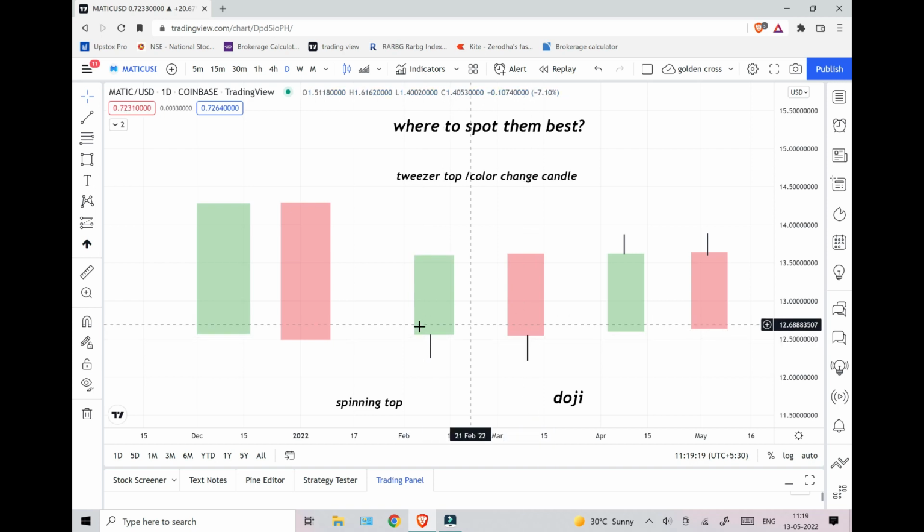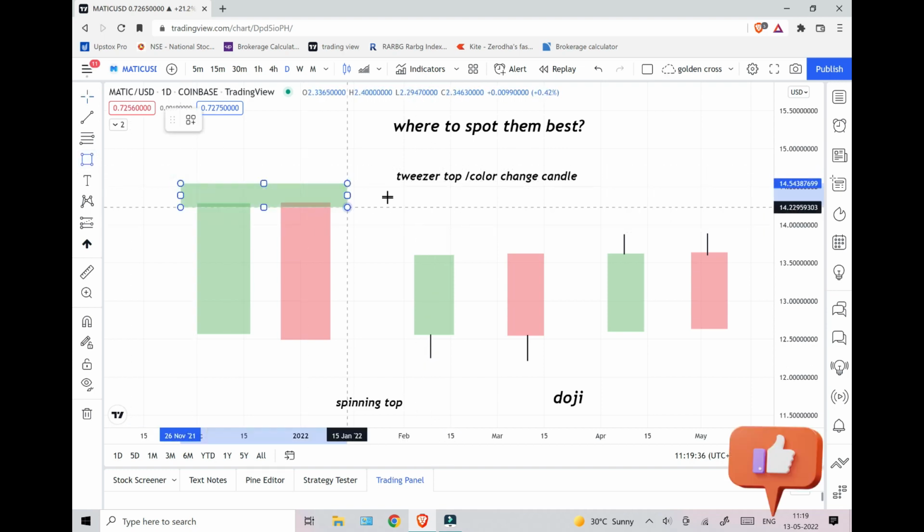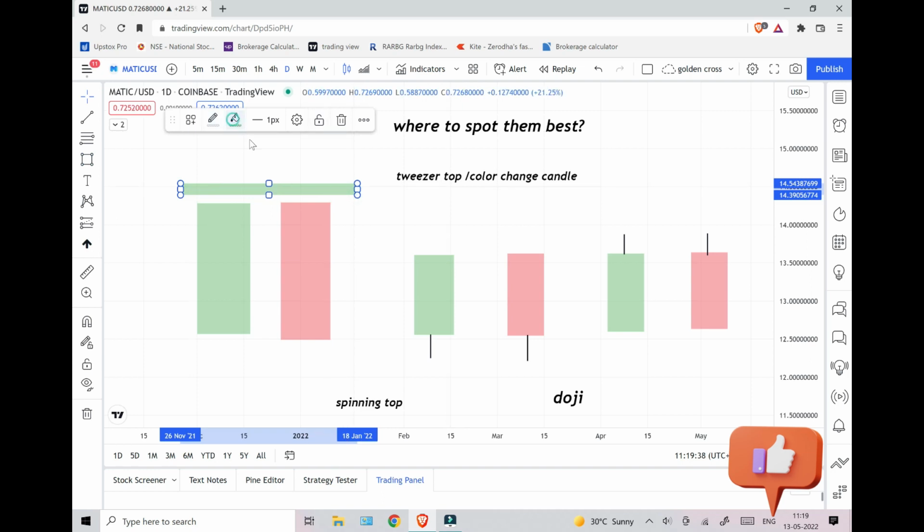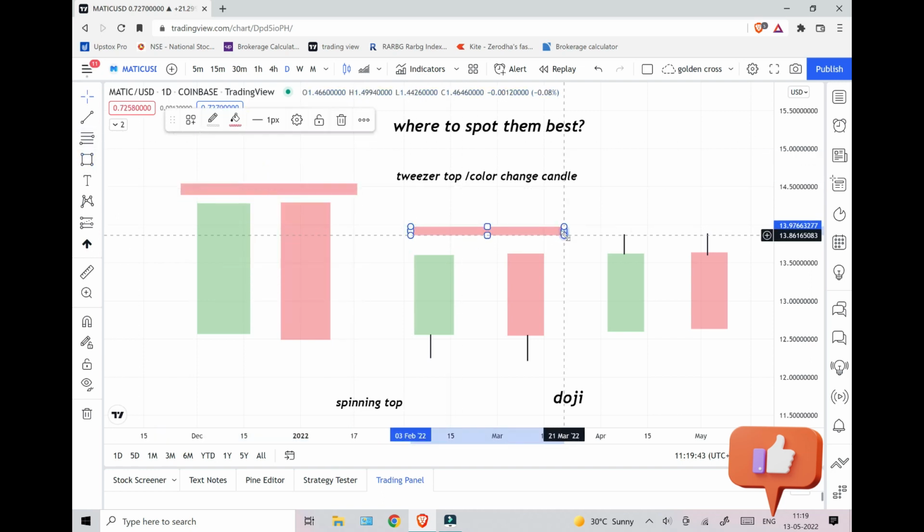The size should be similar. Coming over here, the shadow at the top, shadow at the top. Where do we spot them best? We spot them at the resistance zone.